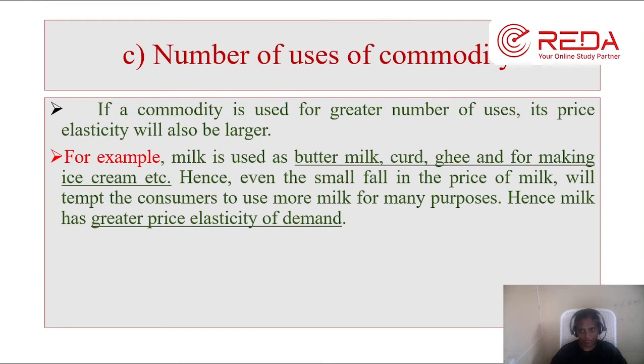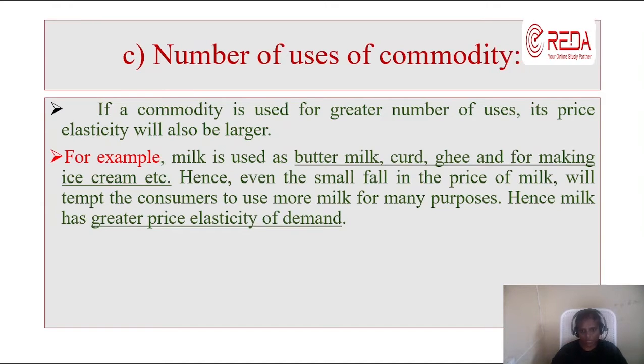If the price is still very low, we will use the same commodity for multiple purposes: making more chutneys, pickles, and sauces.